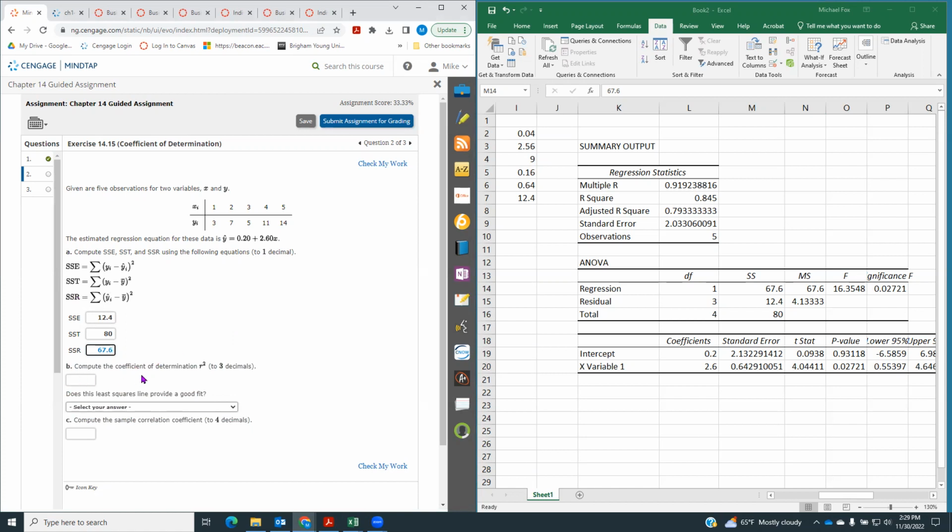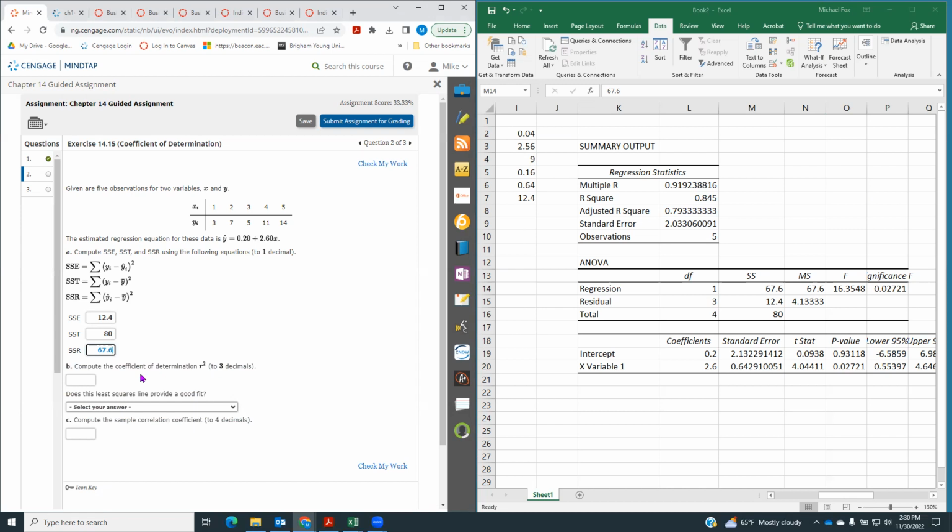And the coefficient of determination, we can calculate with a formula, which is a formula I do not have memorized, so I'm looking in the book, because I don't use this ever in real life.